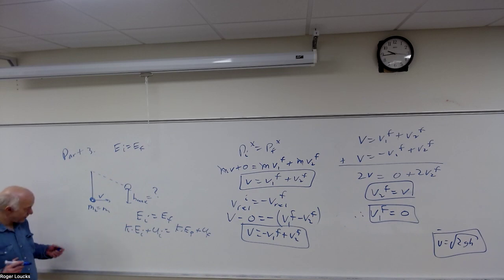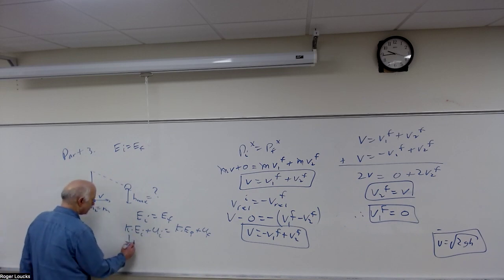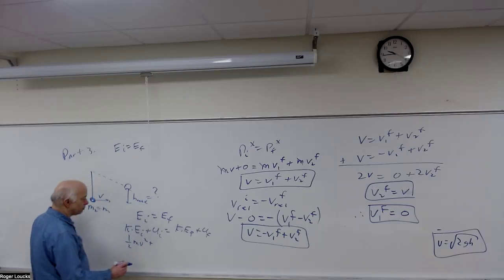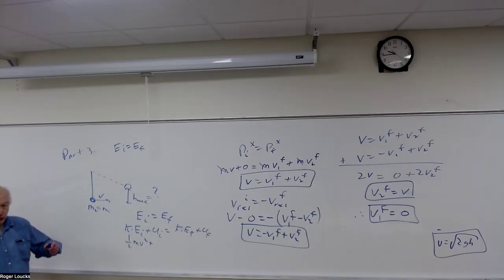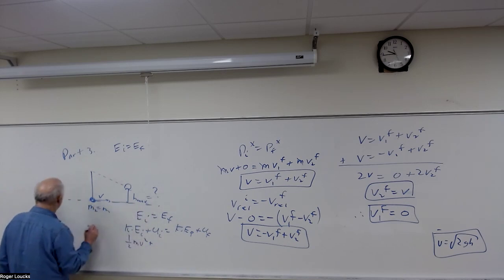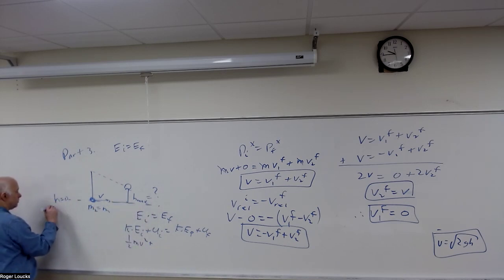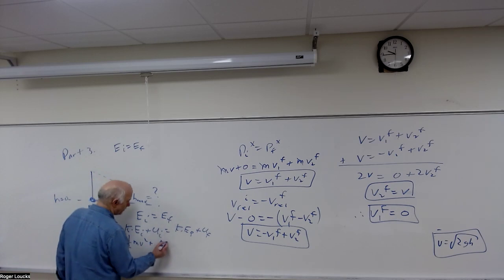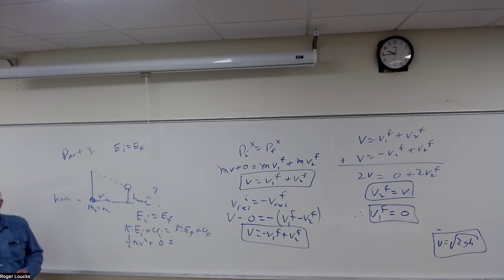One half m V squared. Your initial potential is 0, because you're taking the ground here to be 0. What is your final kinetic energy and why? 0. Why? It's like a point of rest before it falls back down.